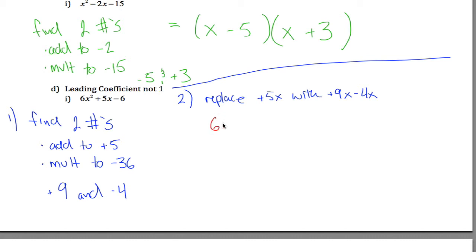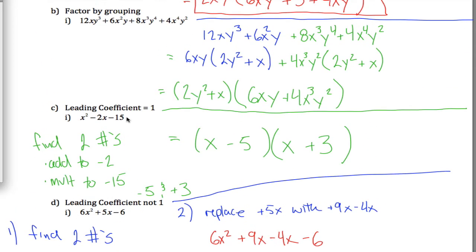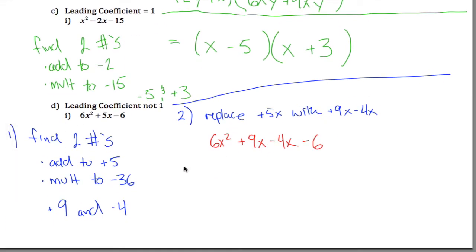Instead, let's call that 6x squared plus 9x minus 4x, minus 6. It's still not factored, right? I've just changed it from something that has 3 terms into something that has 4 terms. The nice thing about these 4 terms is when you have 4 terms like that, you'll be able to factor by grouping.